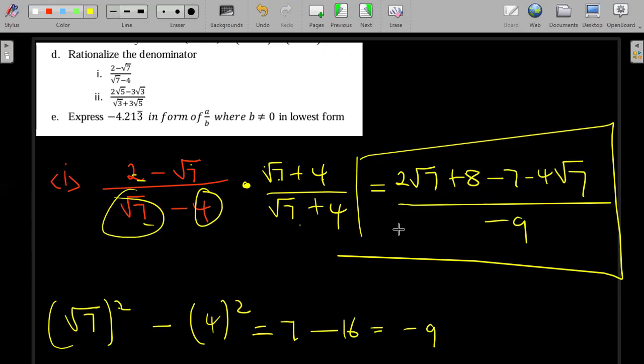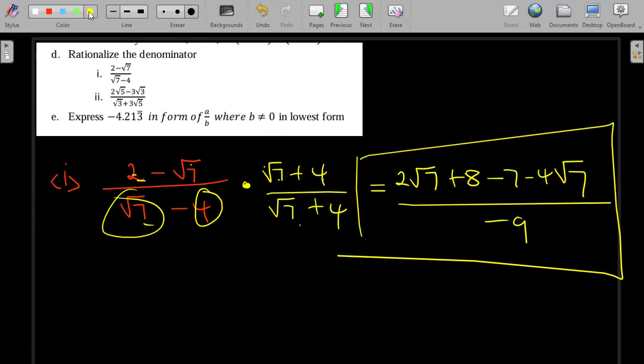Maybe there you can try to simplify what you have on top because they are common. So let's try to simplify. This is 2 root of 7 minus 4 root of 7, which gives us minus 2 root of 7. And then 8 minus 7 is plus 1, divided by minus 9. From there, maybe we can simplify it further.